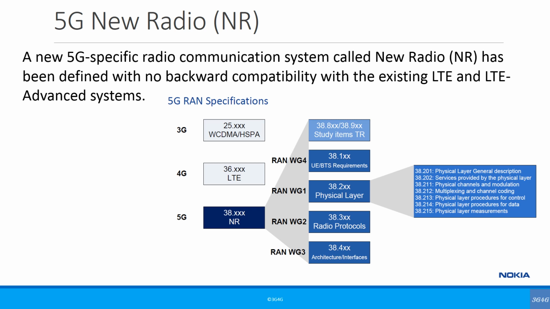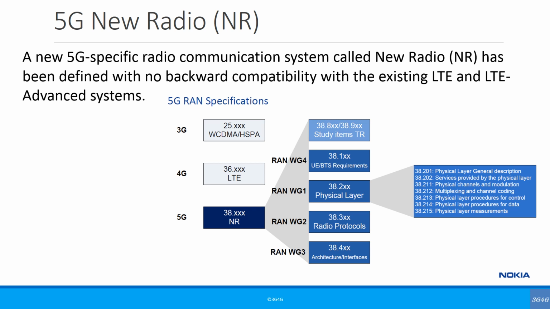In case of 4G, LTE or EUTRA, all the radio specific information was in the 36 series, and all the 5G new radio specific information is in the 38 series.